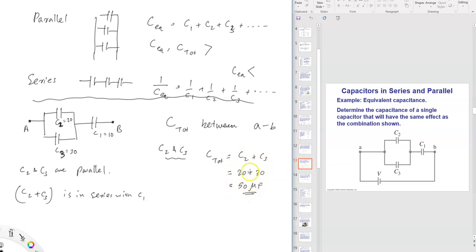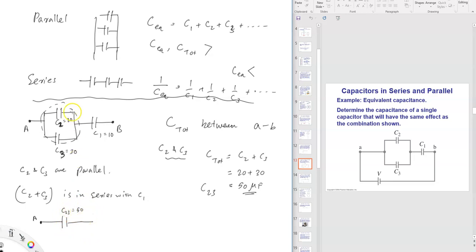Let's call this whole thing C23, right? It's like I'm going to replace this with a single capacitor. So here's the point A. Instead of this combination, I'm just going to put a single capacitor, which is C23, which is 50.